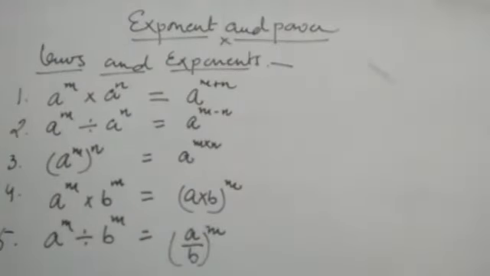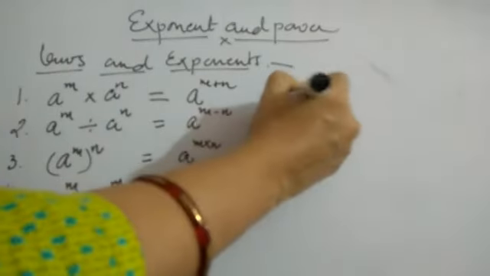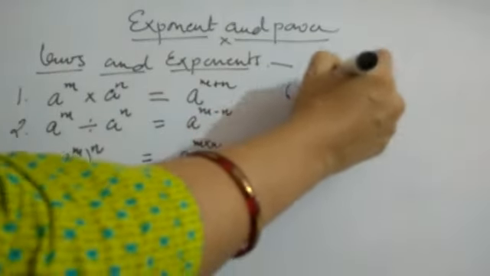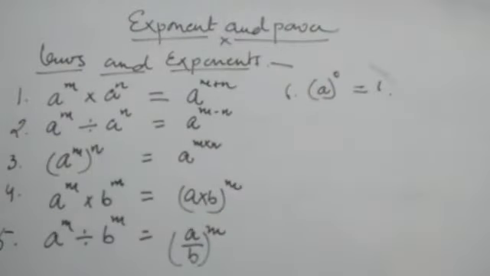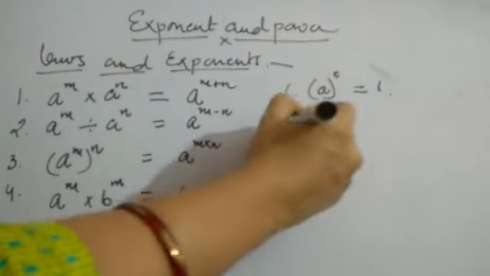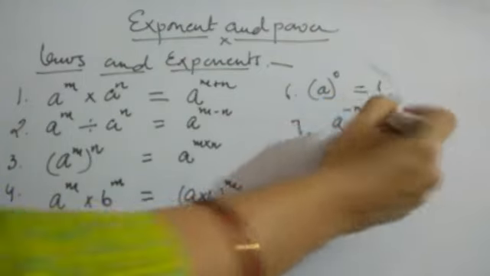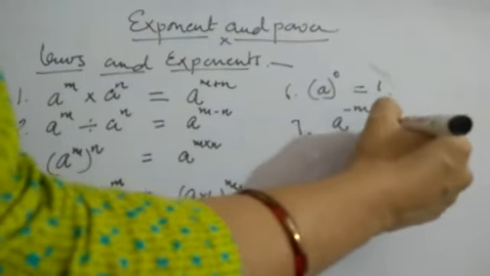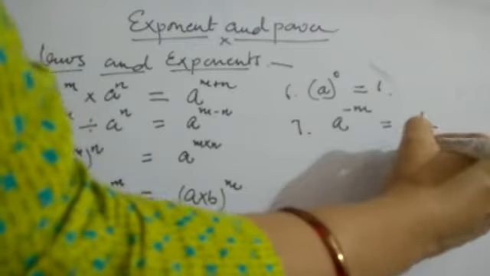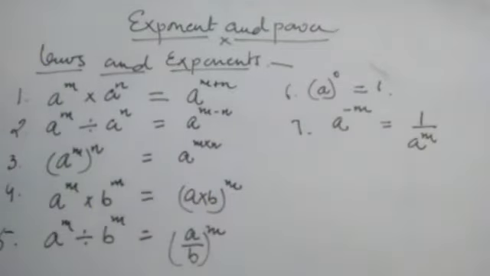Okay. Now, anything raised to the power 0 is always 1. We also have one more law. If the number is raised to the power a negative number, we can change it to positive by changing its place.